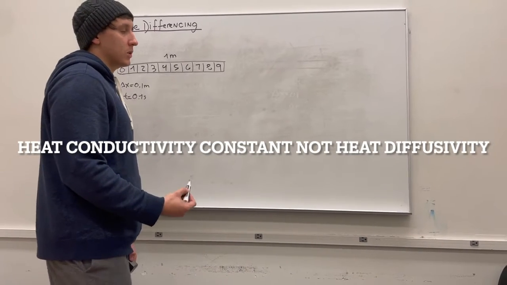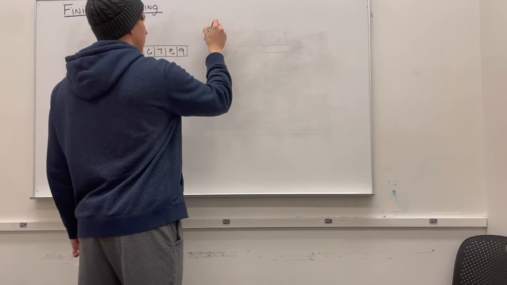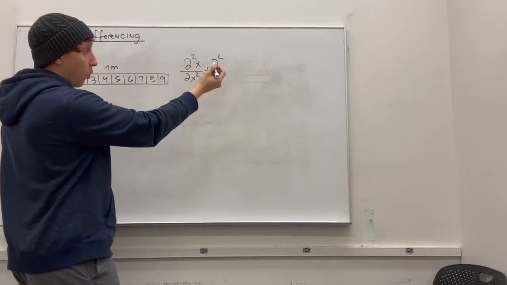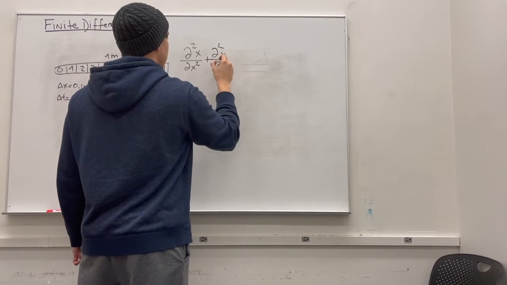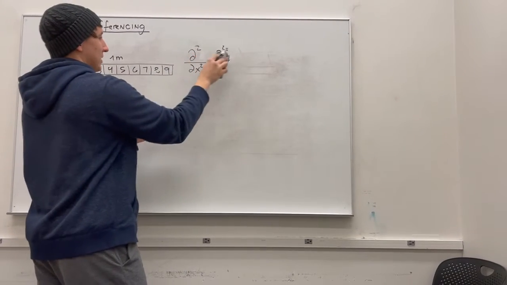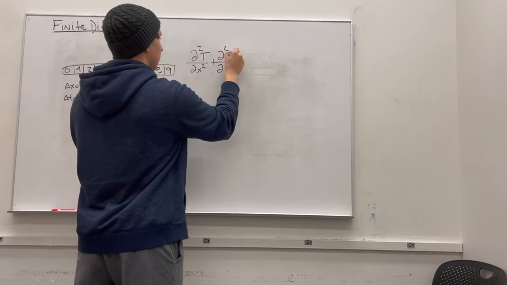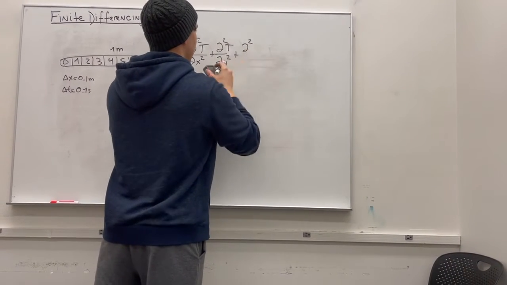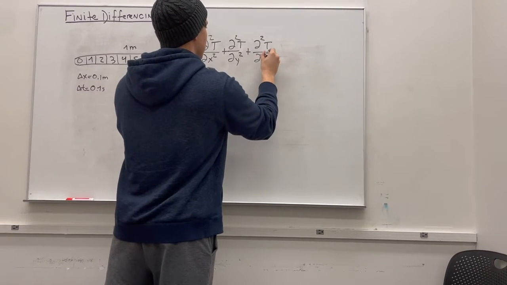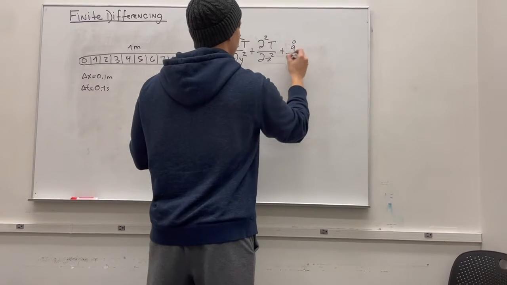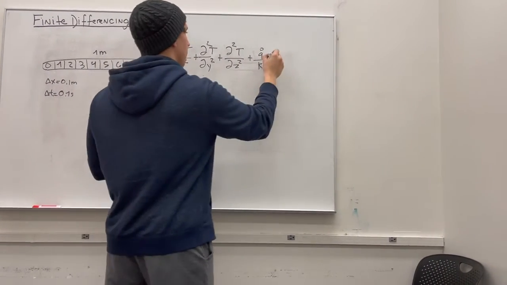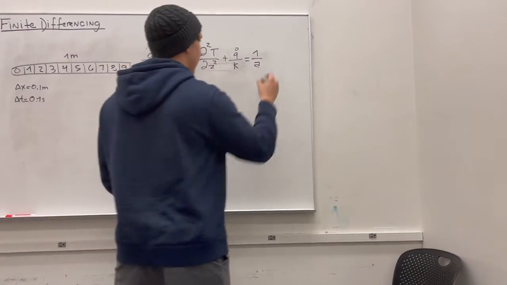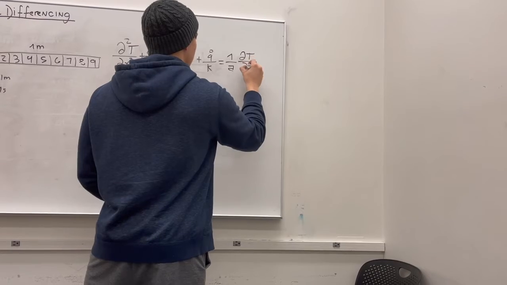diffusivity constant. So it's going to be the second partial of temperature with respect to x, d squared T over dx squared, plus, these are second order derivatives by the way, the second partial with respect to y, dy squared, plus the second partial with respect to z, dz squared, plus the heat generation divided by our heat conductivity, equals 1 over alpha, where alpha is the heat diffusivity, which I'm about to define, times the partial of our temperature with respect to time.